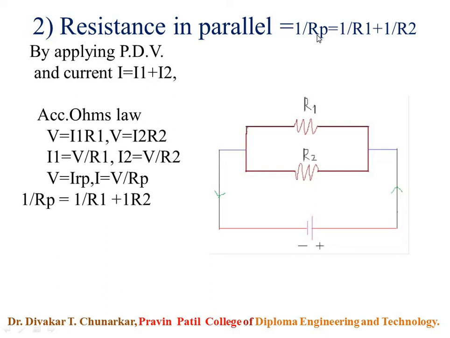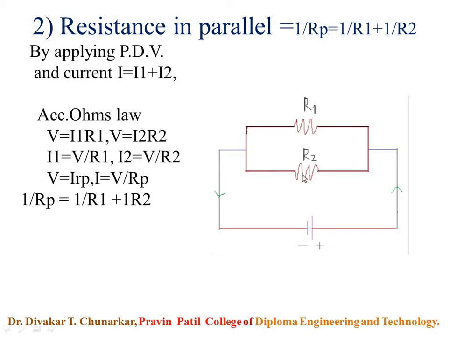Here we apply the potential difference V, and we consider the current flowing through the circuit in which the resistances are connected in parallel combination.